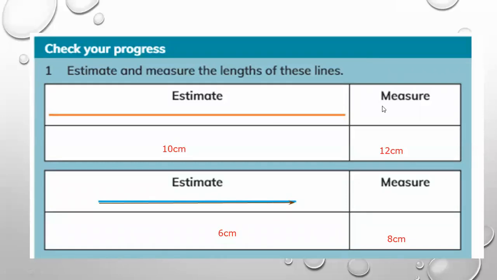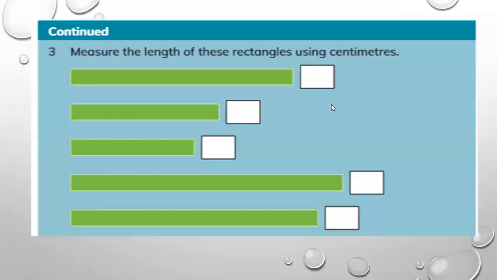Just give me a minute to raise the screen. We have question number 3, which says measure the length of these rectangles using centimeters. Here is the length of each rectangle. We are going to use the ruler to measure.